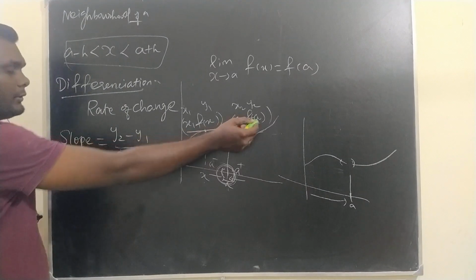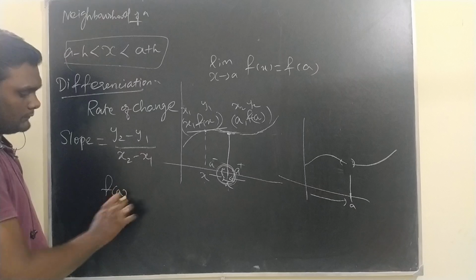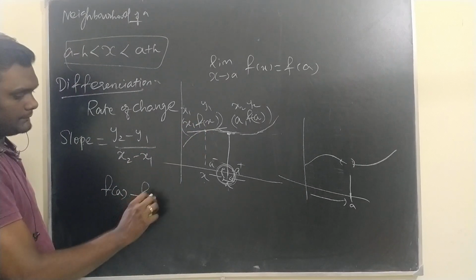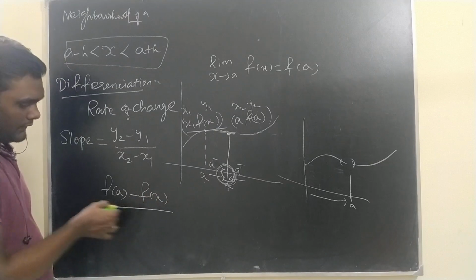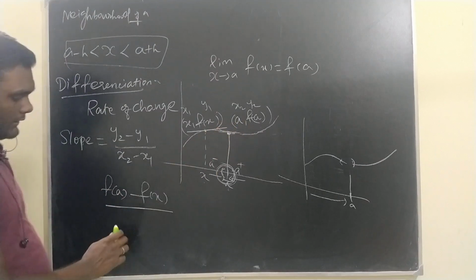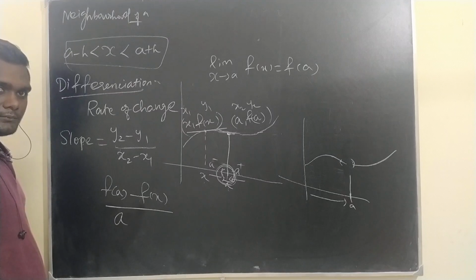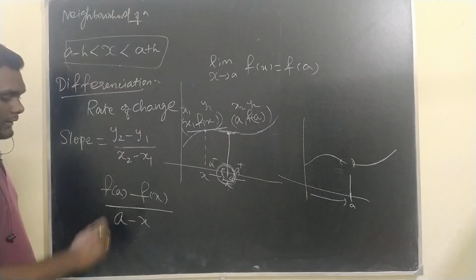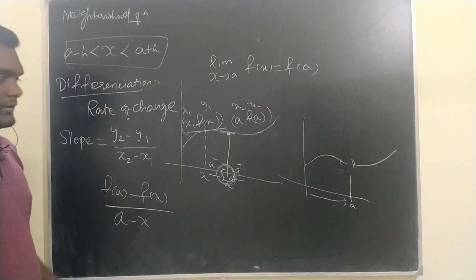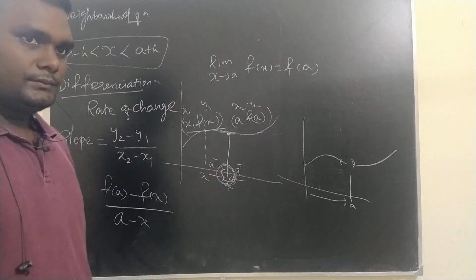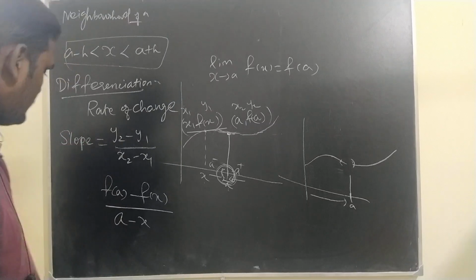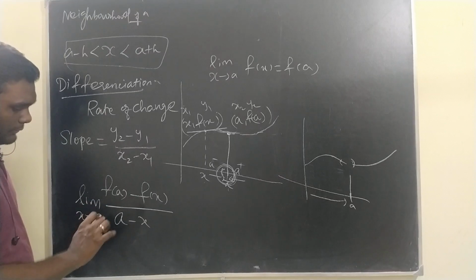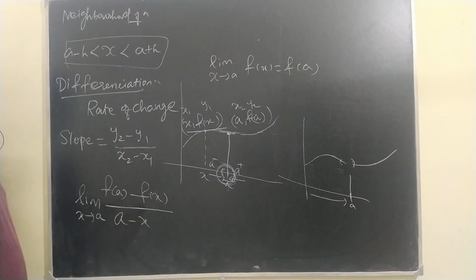So here what is y2? f of a. Minus what is y1 here? f of x. Divided by what is x2 here? a, minus x. Okay, this is the rate of change, the slope of the tangents. We call this the derivative. And the limit as x approaches a.